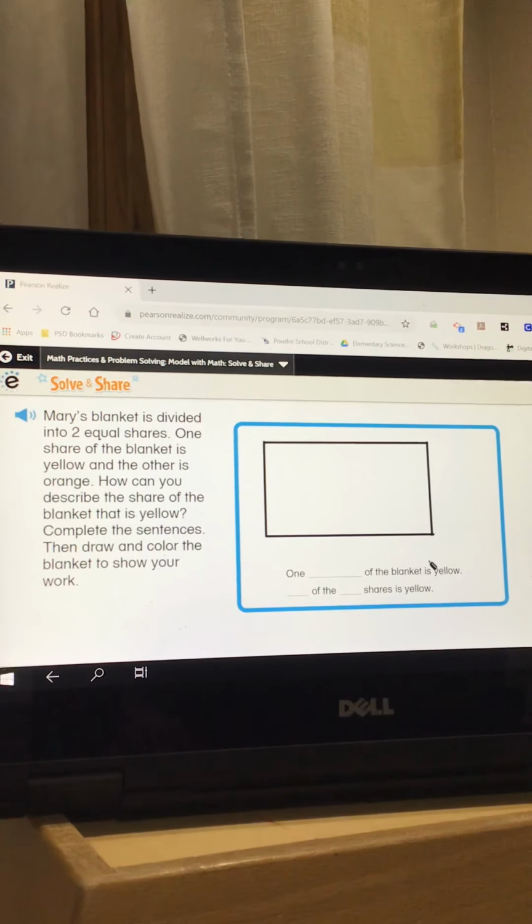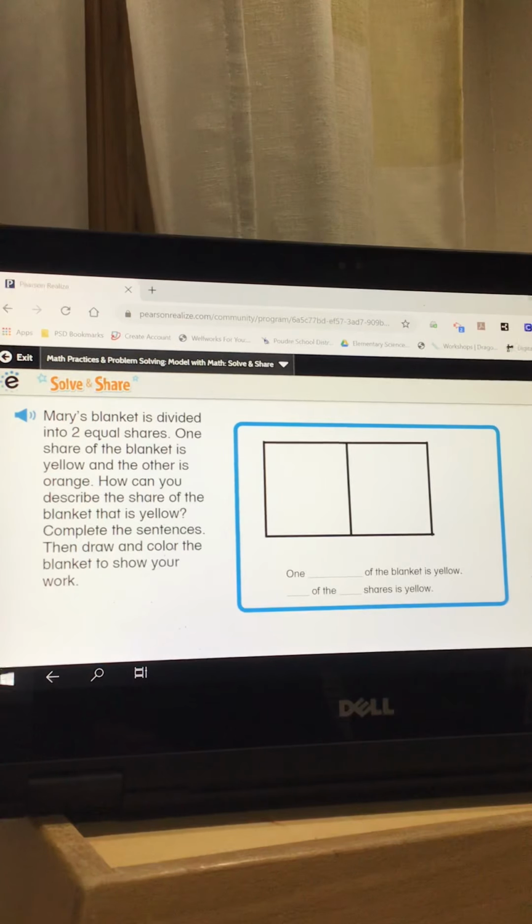Okay, so there's my blanket. And it says Mary's blanket is divided into 2 equal shares. So I have what kind of shape here? I have a rectangle. So I'm going to break it up into 2 squares, right? That would be 2 equal shares.